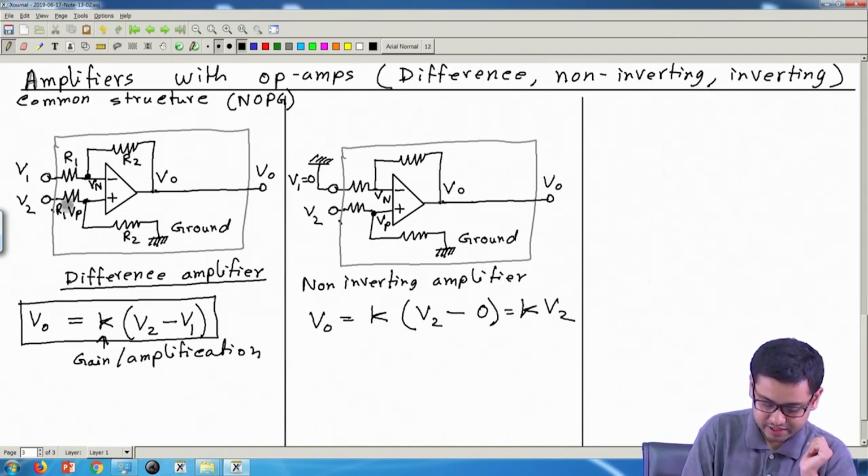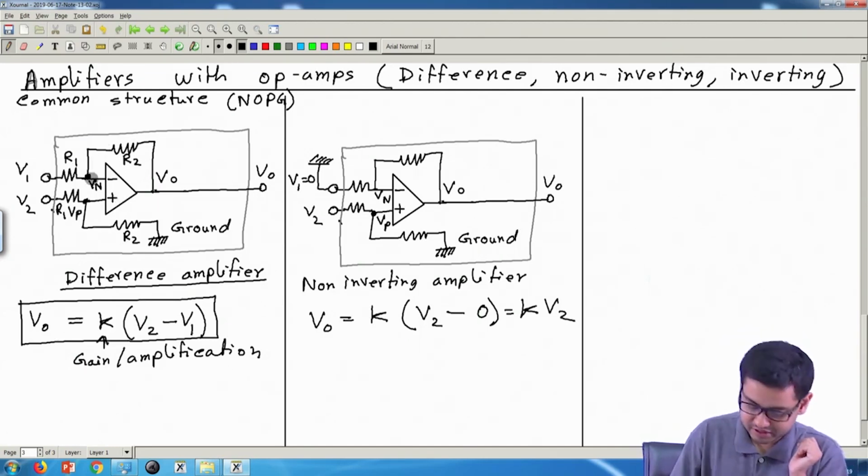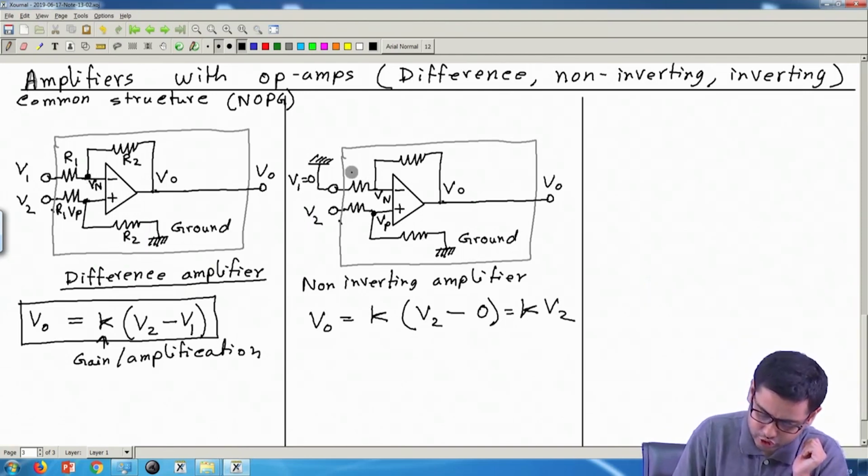So similar resistances like these two, which are connected to the inputs, they should be same, and the other two which are not connected to the inputs, they should be same. This is another important thing which I missed. Here also let me now put the values R1, R2, here R1 and R2.